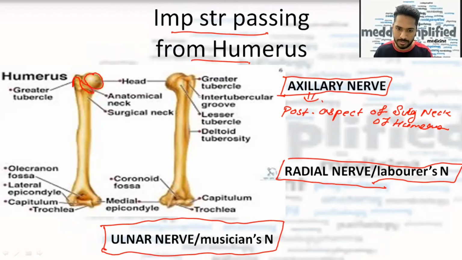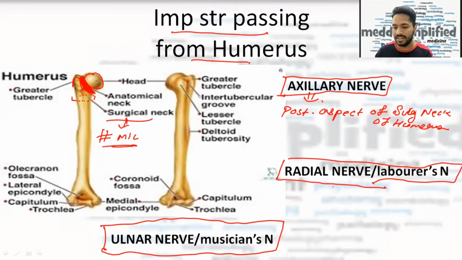In between, this part which I'm marking very dark, is the anatomical neck of the humerus. But there is another neck, this one. Why is it called the surgical neck? I think you know it is the most common site of fracture, right? Fracture most commonly occurs at the surgical neck of the humerus. So it is called the surgical neck. So at the posterior aspect of the surgical neck passes the axillary nerve.